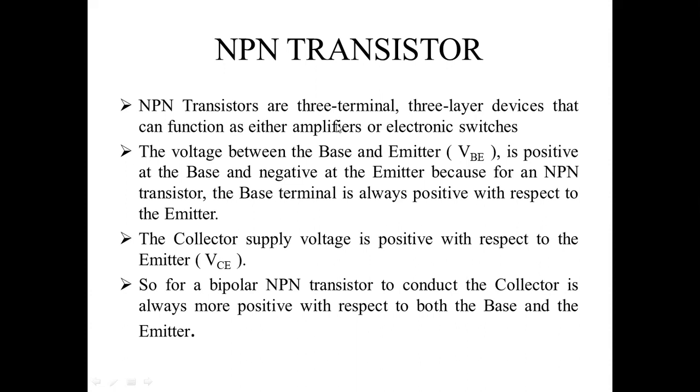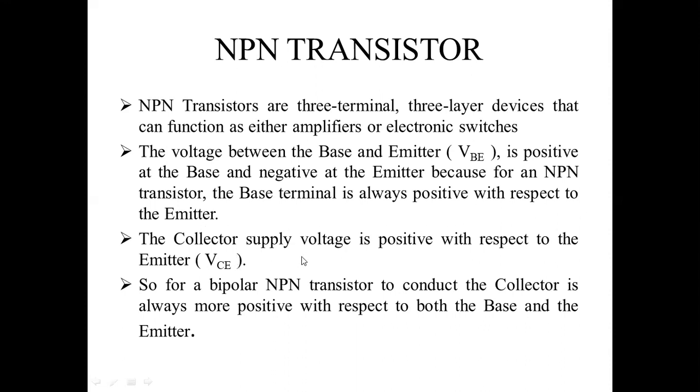The NPN transistors are three-terminal, three-layer devices that can function as either amplifiers or electronic switches. The voltage between base and emitter is positive at the base and negative at the emitter, because the emitter is N type semiconductor and the base is P type semiconductor. For an NPN transistor, the base terminal is always positive with respect to the emitter.